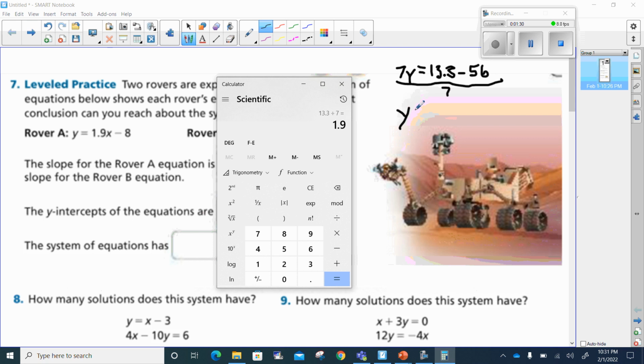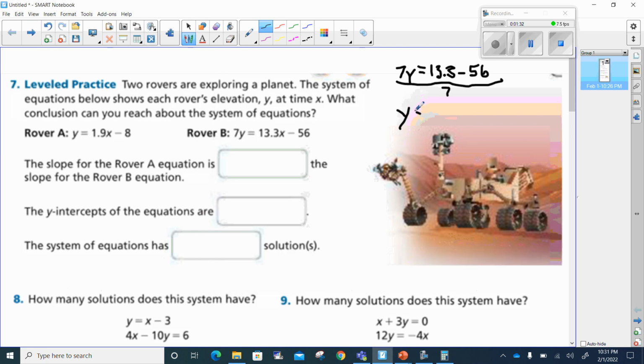That's going to equal 1.9. I'm sorry, this has an x after it, so there should be an x here. And 56 divided by 7 would be negative 8, right? Because that's a negative 56.